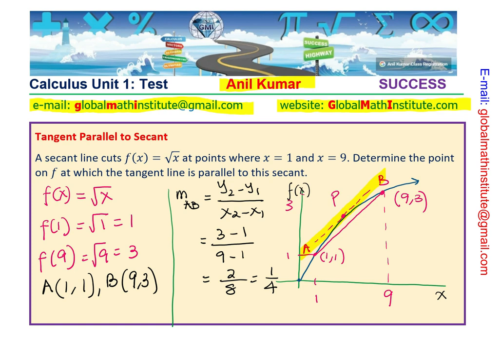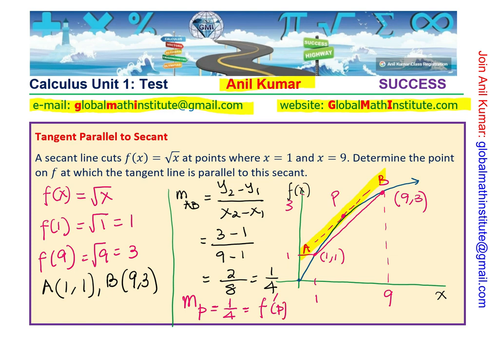But what we really know is the slope at P. The slope or gradient at P is 1 by 4, or we can technically write it as the derivative at this point P is equal to 1 by 4. Let's call this x coordinate p. Lowercase p I'm writing. So capital P is my point and f of p will be its y value. Makes sense, right? Let's take it on the next page.